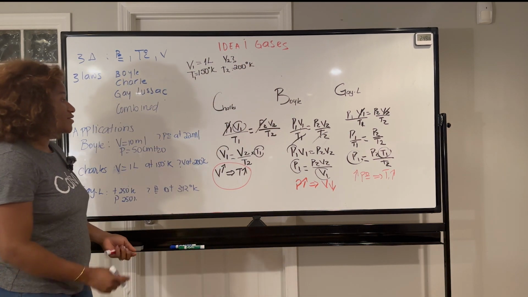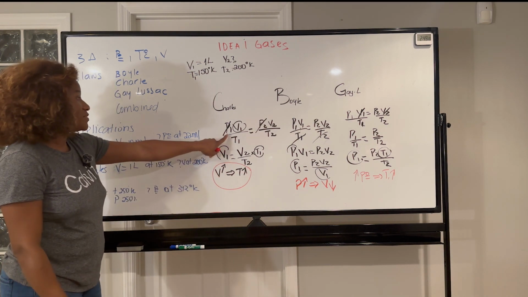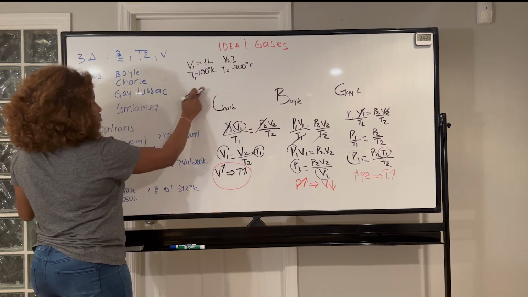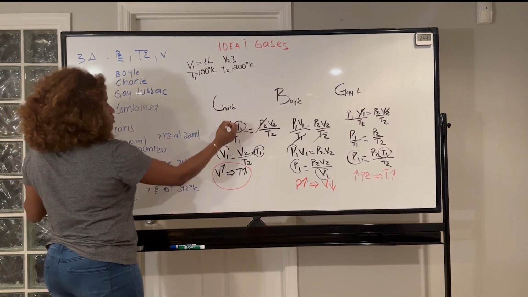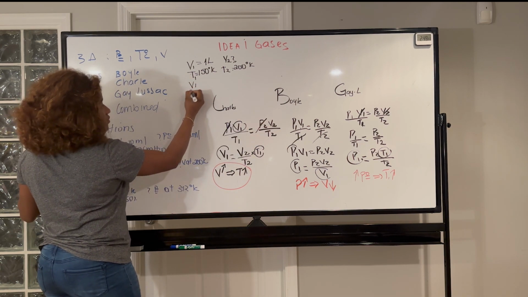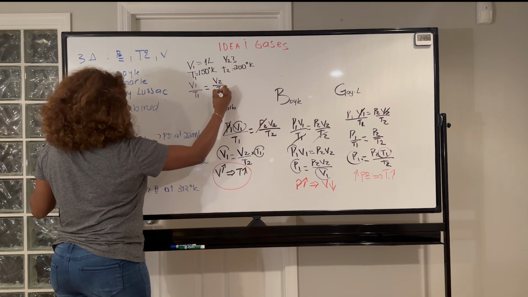So if we go back here, we know that P1 V1 equal... in Charles' law, our pressure is constant, so we're just gonna use V1 T1. V1 over T1 equals V2 over T2.